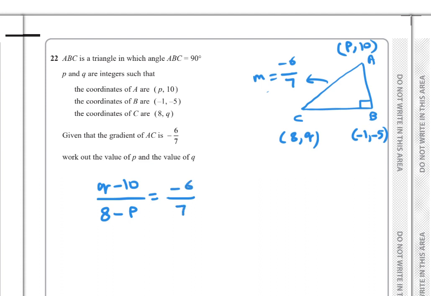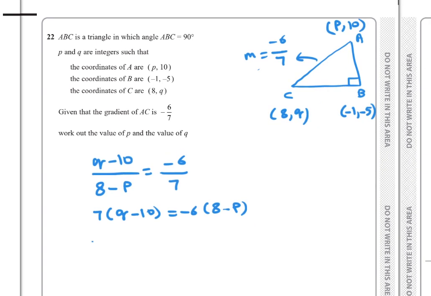Now cross multiply, so 7 times (Q minus 10) equals -6 times (8 minus B). So expand: 7Q minus 70 equals -6 times 8, so -48, and -6 times -B, so 6B.